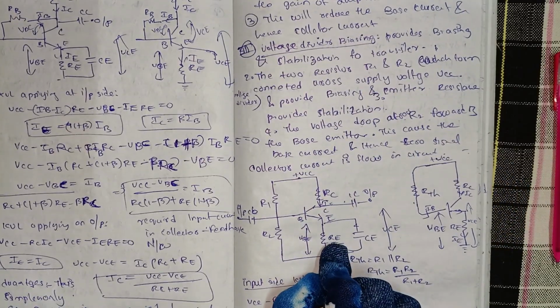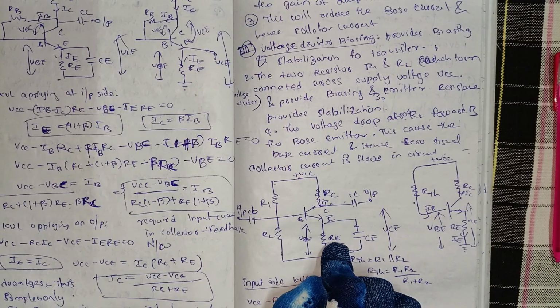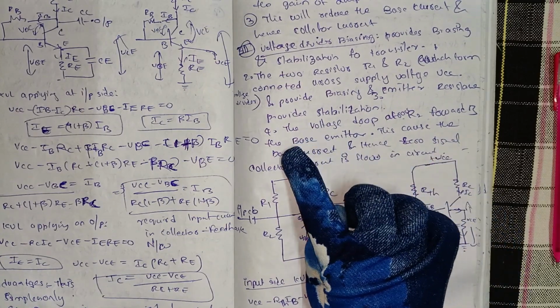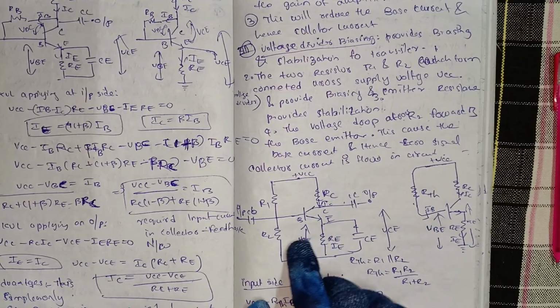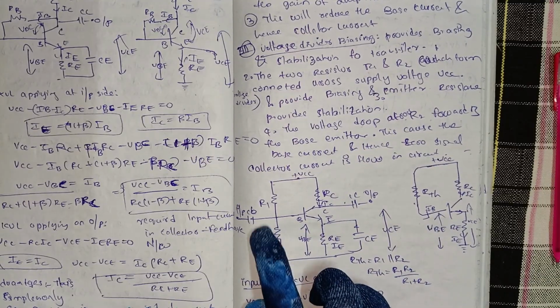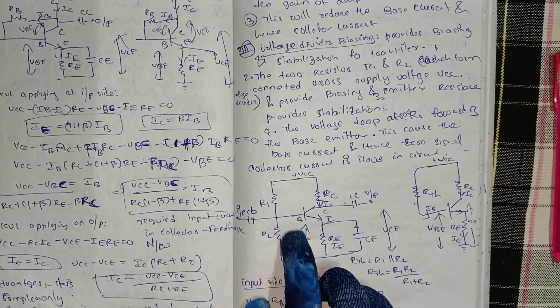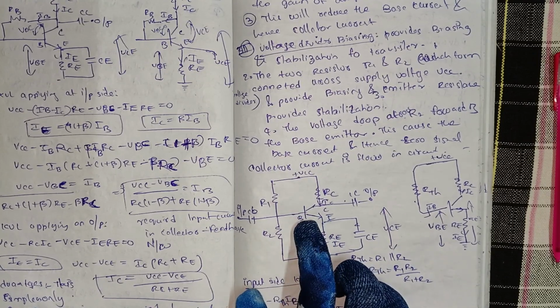The voltage drop across R2 forward biases the base emitter.